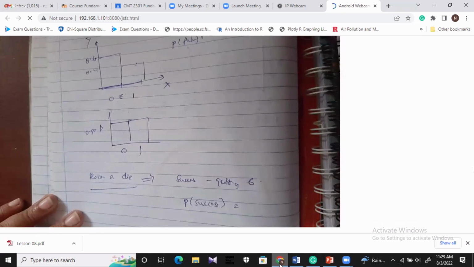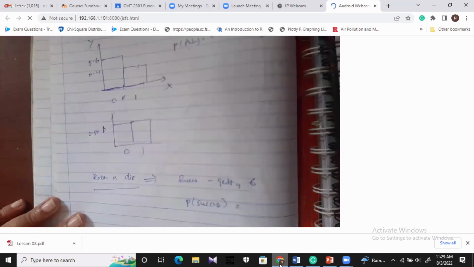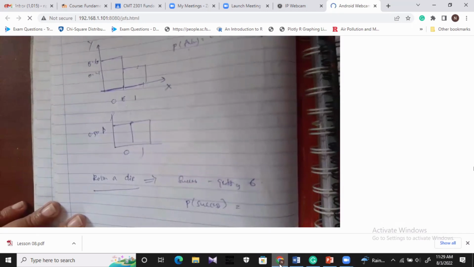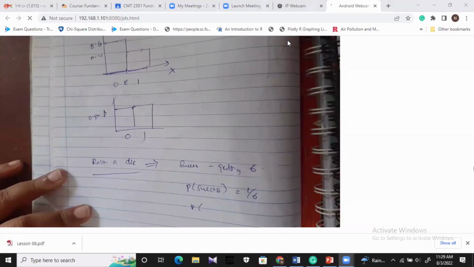if you roll a fair die, there are 6 possible outcomes, either 1, 2, 3, 4, 5, or 6. So if you consider getting number 6 as a success, what is the probability of a success? That should be 1 out of 6. Then what is the probability of a failure?